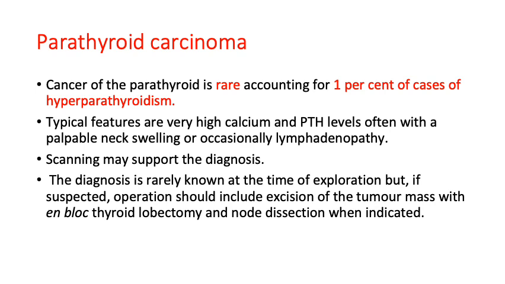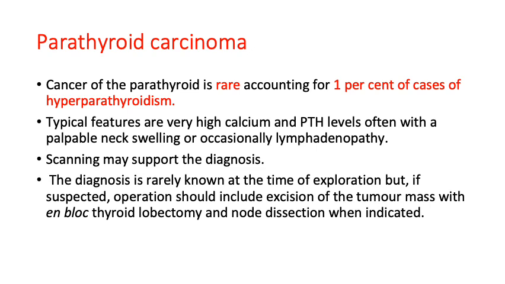Regarding parathyroid carcinoma, as we said, it is rare, and it constitutes about 1% of the cases of primary hyperparathyroidism. The typical features will be very high serum calcium and parathyroid hormone levels, with palpable neck swelling and occasionally some lymphadenopathy.